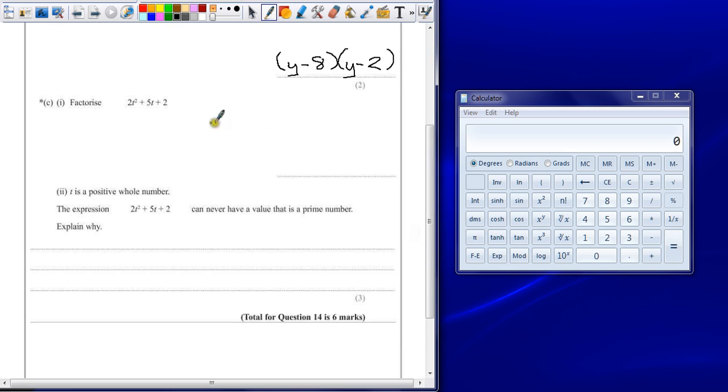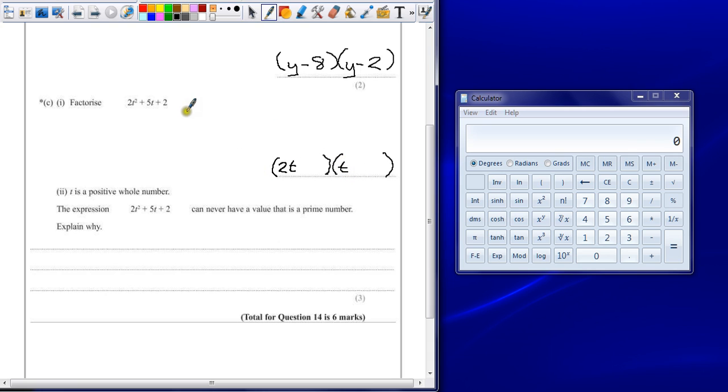Part C, there's a little star next to it, so we're going to have to be able to explain our answer. Factorise 2t squared plus 5t plus 2. So again, because we've got this quadratic, we are going to have two sets of brackets. Because it's 2t squared, I'm going to assume that 2t is in one of these brackets and t in the other one.